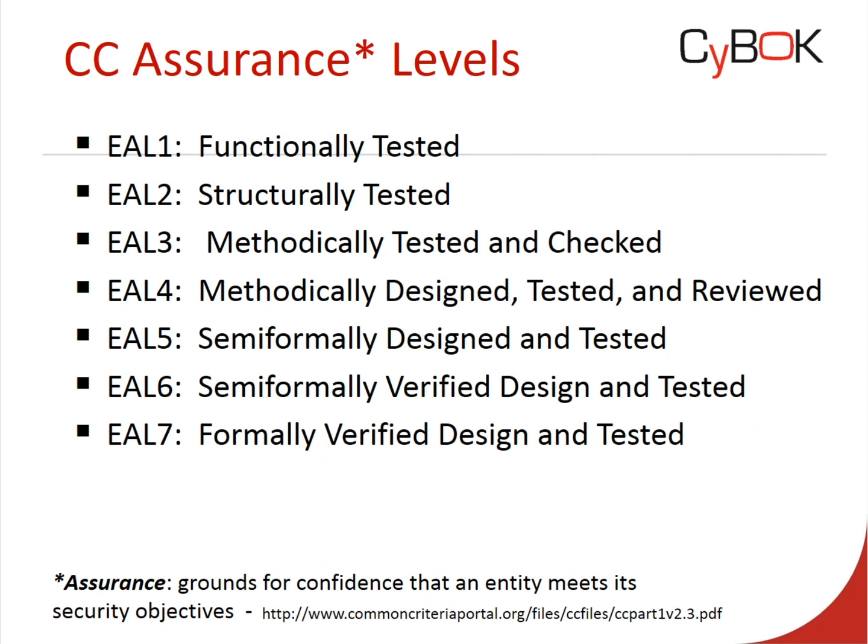At the highest, EAL7, formally verified, tested, and designed, which means the system is extremely high risk and the value of the assets justifies higher costs related to formally verifying testing and design. So you have this externally recognizable level from the Common Criteria, which, depending upon the context, may be something that an organization needs to prove in order to perform a service or provide a product for somebody else.